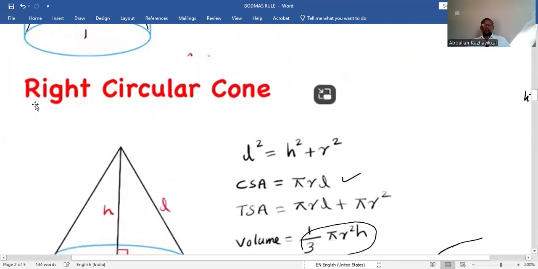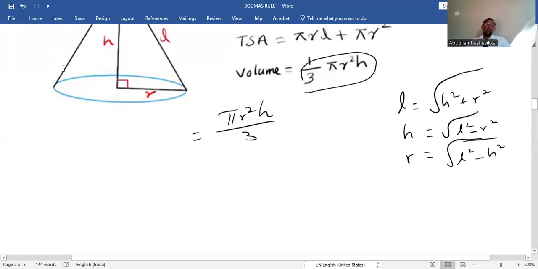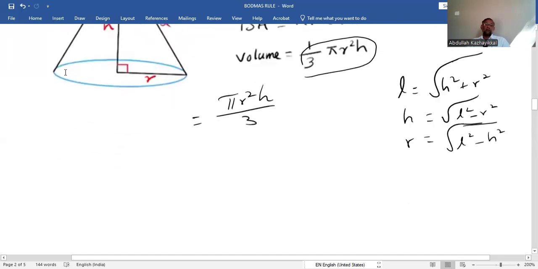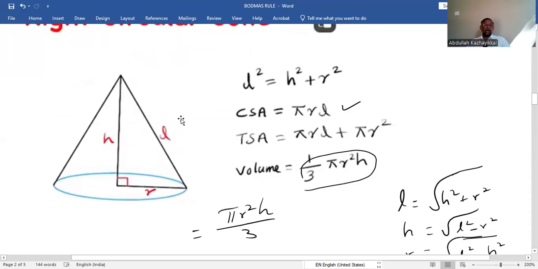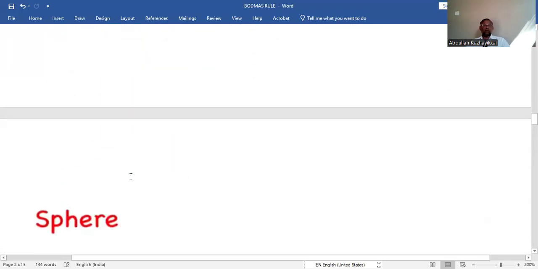That means the base area must be the same circle and the height also. Remember, for cylinder, no L is there. For cone, L is there. L will be larger than H because it is the hypotenuse. Hypotenuse is the largest side.